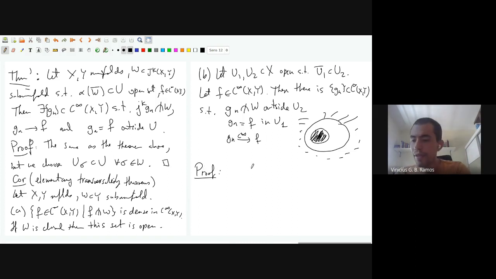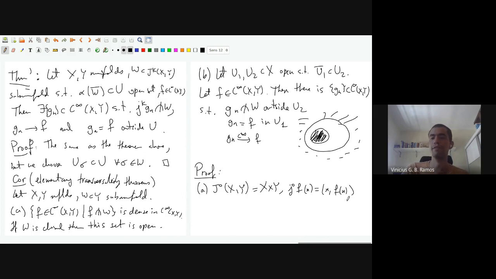So remember that the zero jets, this is just X times Y, and J0 of f is basically the graph. The zero jet is x and f of x.